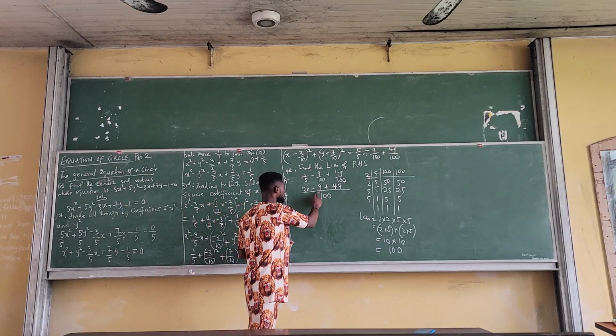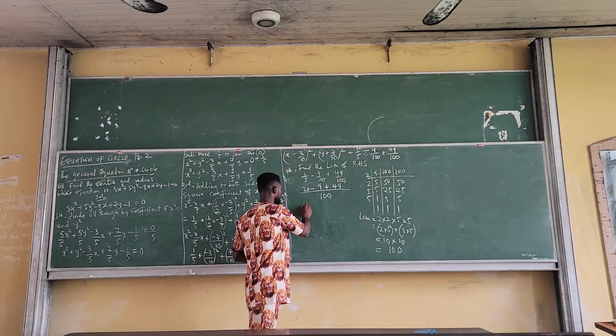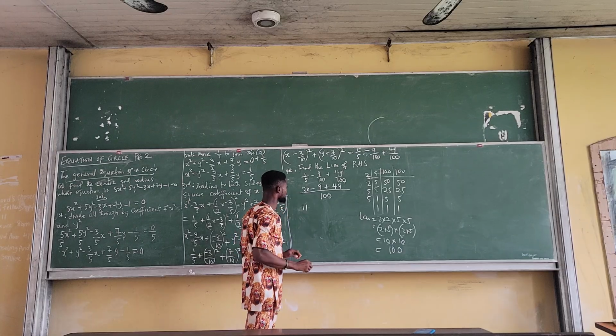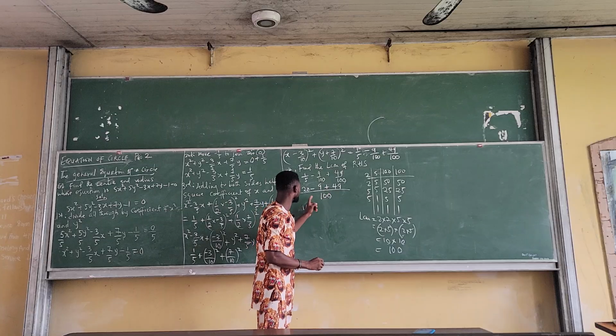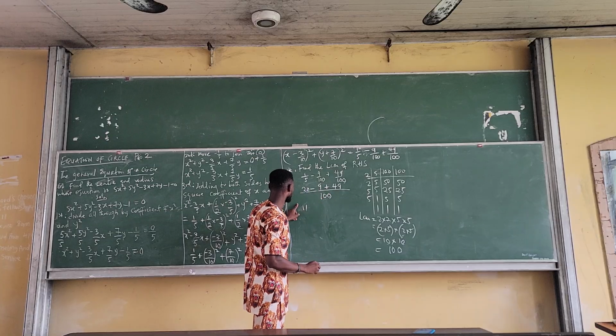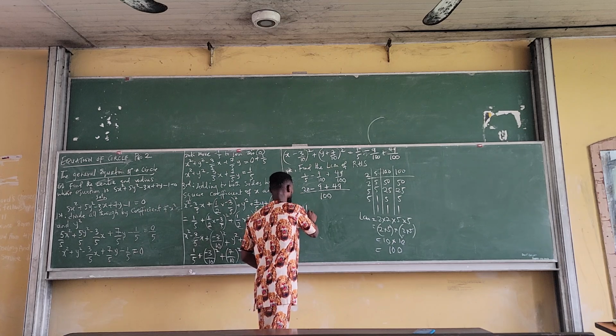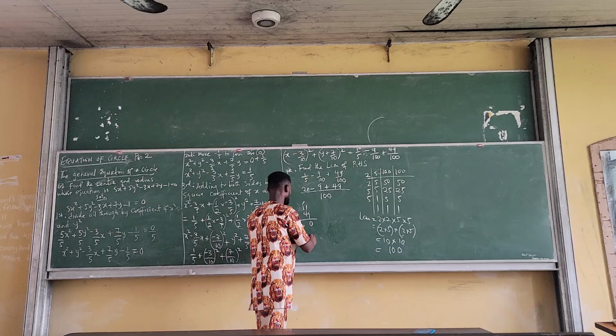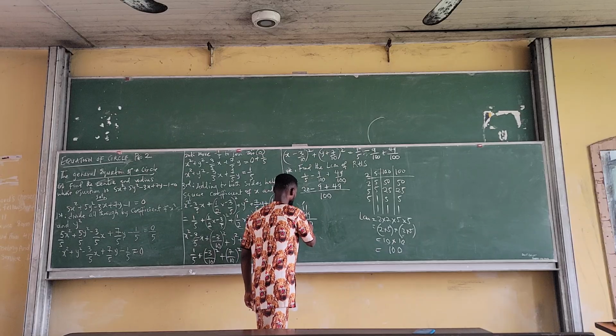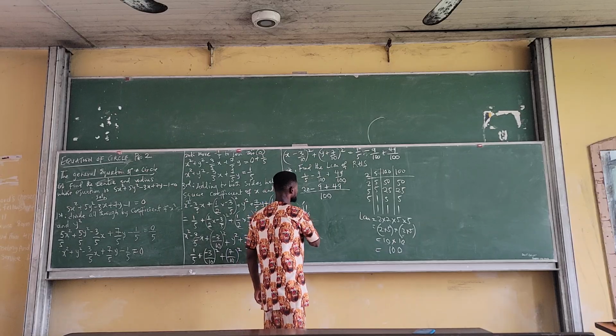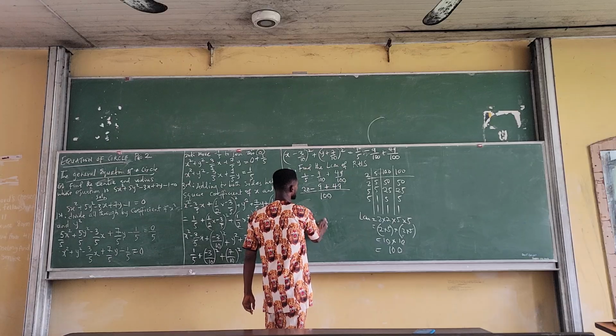So 20 minus 9 is what? 11. 11 plus 49 gives us 60.